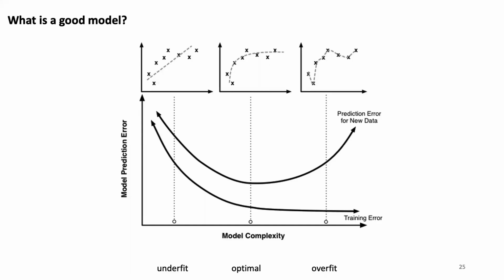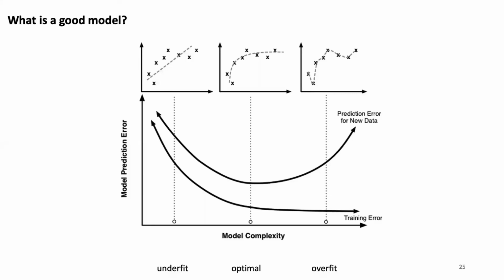So similarly, the true prediction error on new data set falls initially, as you can see. However, once we pass a certain point, the true prediction error starts to rise. So at these high levels of complexity, the additional complexity we are adding helps us to fit our training data, but it causes the model to do a worse job of predicting on new data.